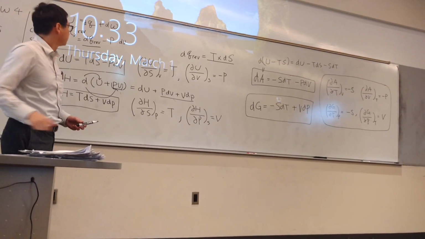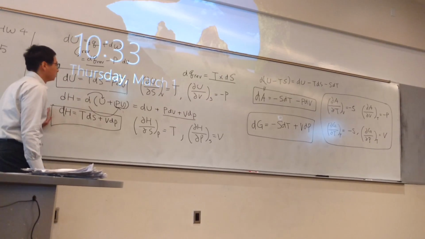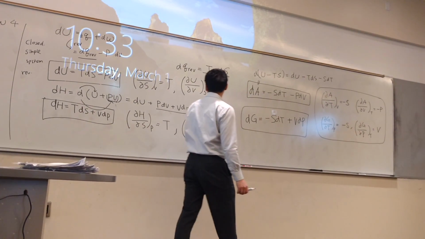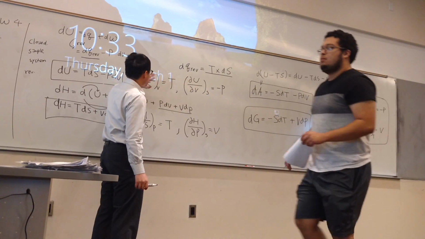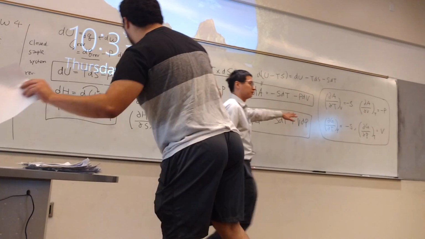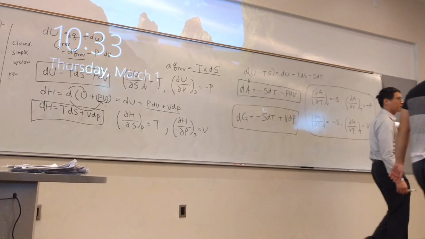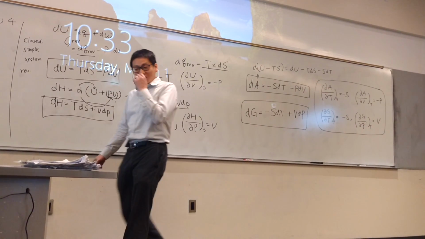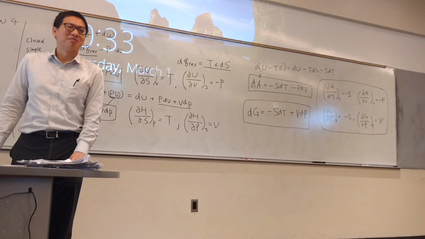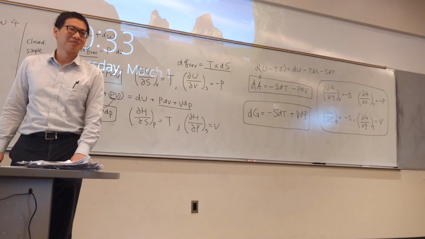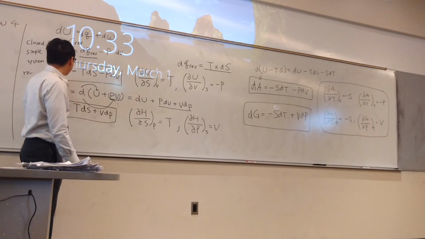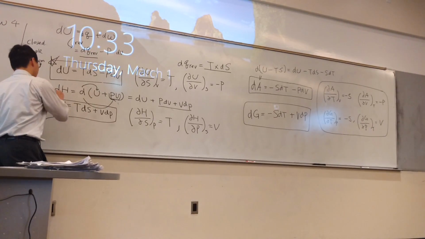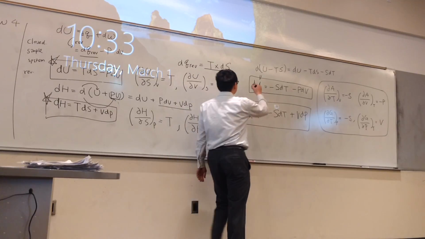So there are 12 equations here already, right? You are going to have like 20 equations to remember. But in the end, it's all coming from this form. This is extremely important.